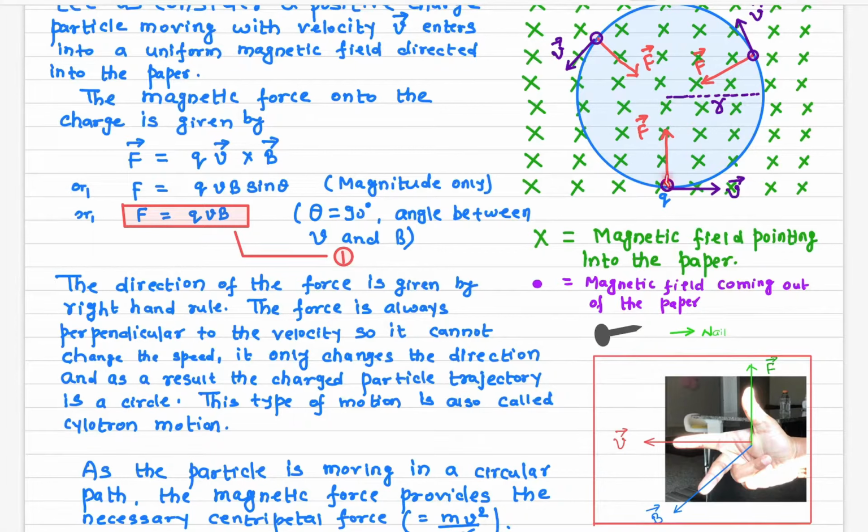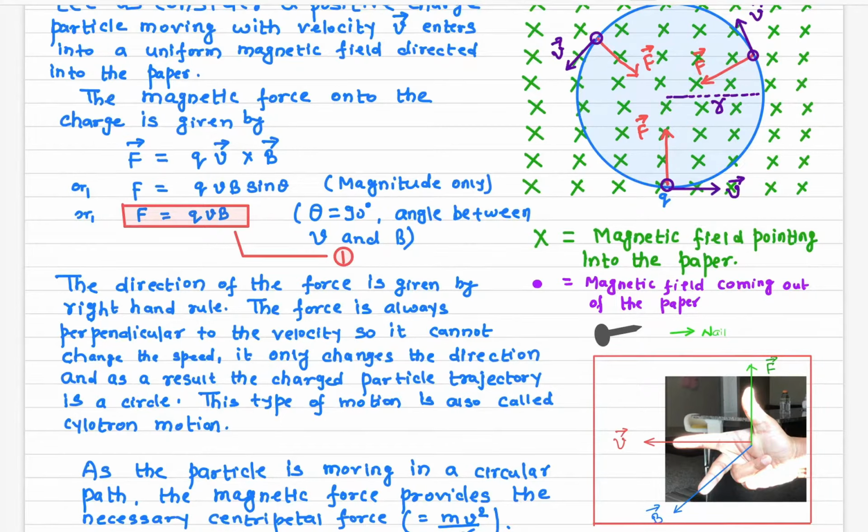As the force is acting this way, the force will try to bend the direction of the charged particle. So it will bend into a circle here. Now let's see what is the direction of the magnetic force at this point. If the particle is at this point, the velocity is again in this direction, the magnetic field is into the paper. At this point, if you use the right hand rule, then the force would be again towards the center.